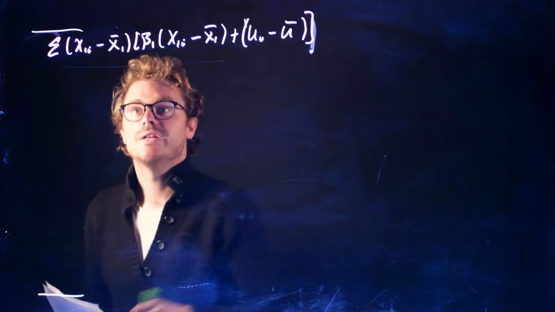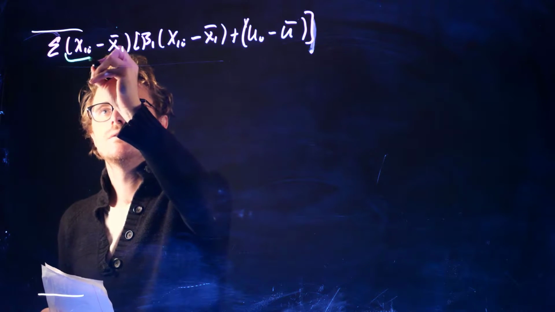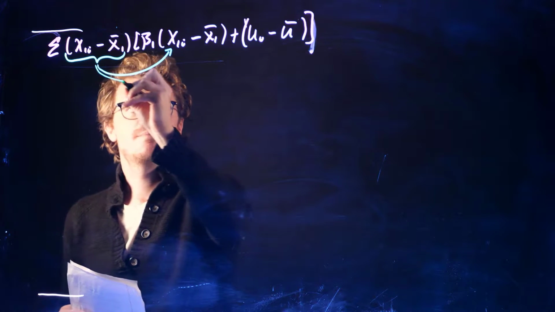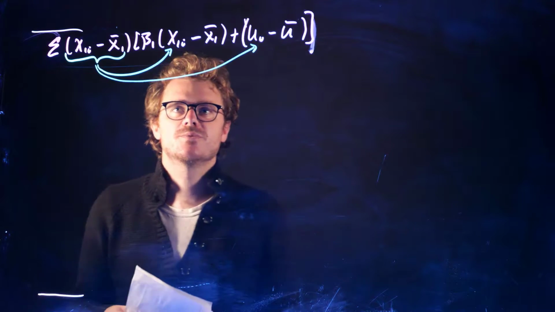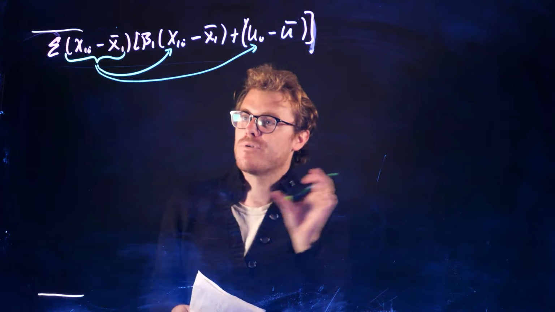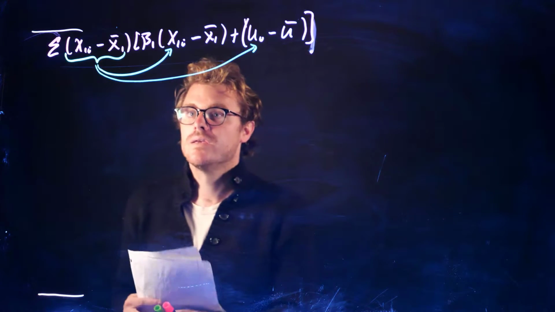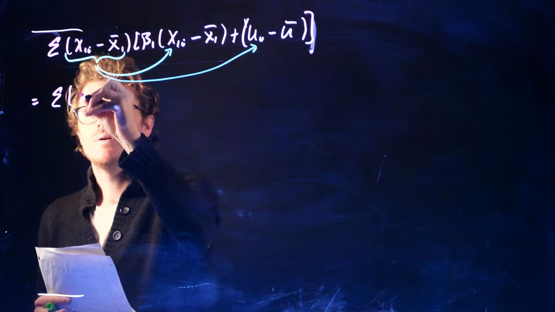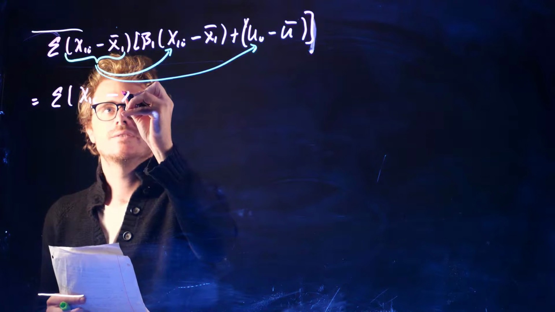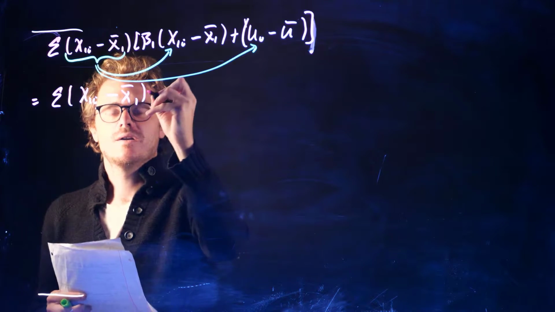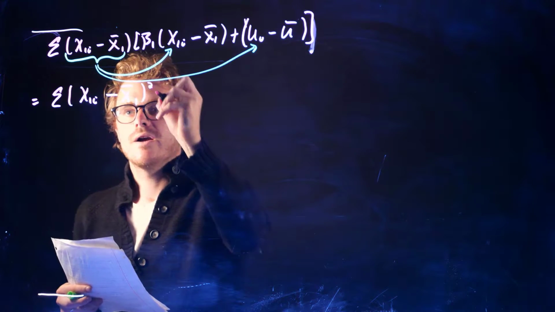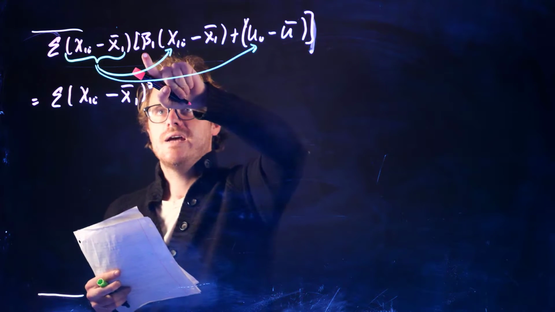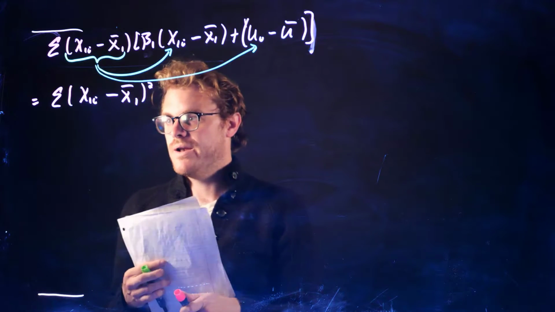Okay, so now what we're going to do is take this first bracket and multiply it by here, and then multiply it by this second term as well. So we're just multiplying that bracket through. That means this equals the sum of x1i minus x1 bar squared, right? That's this first bracket, multiplied by this beta 1.